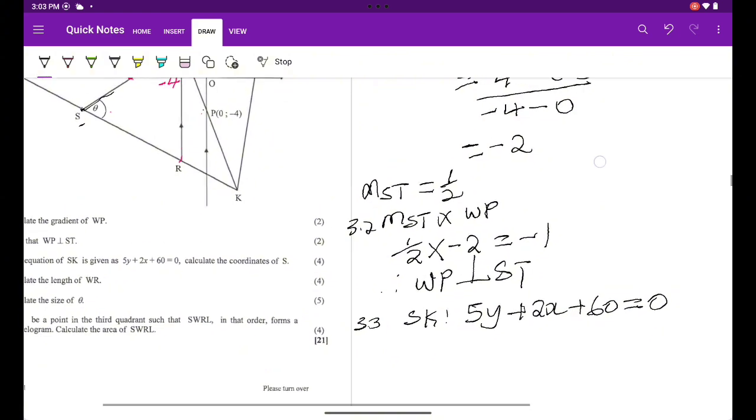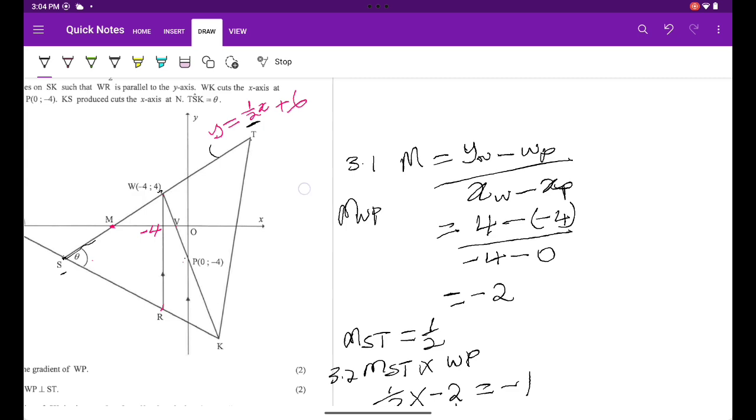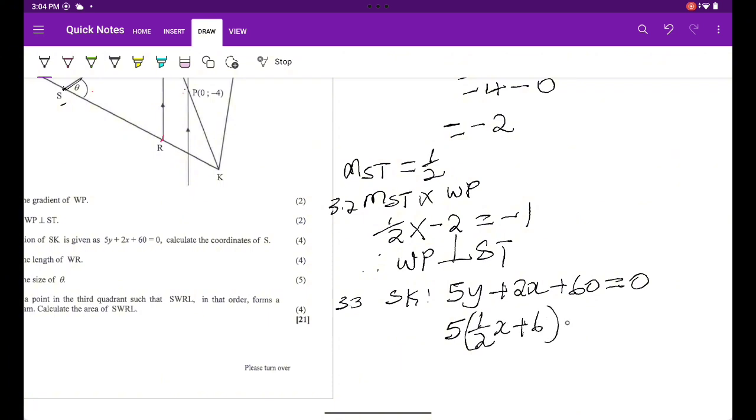Substitute the first one: y is half x plus 6. Where we see y, we put 1 over 2 x plus 6. So 5 times the bracket plus 2x plus 60 equals 0.